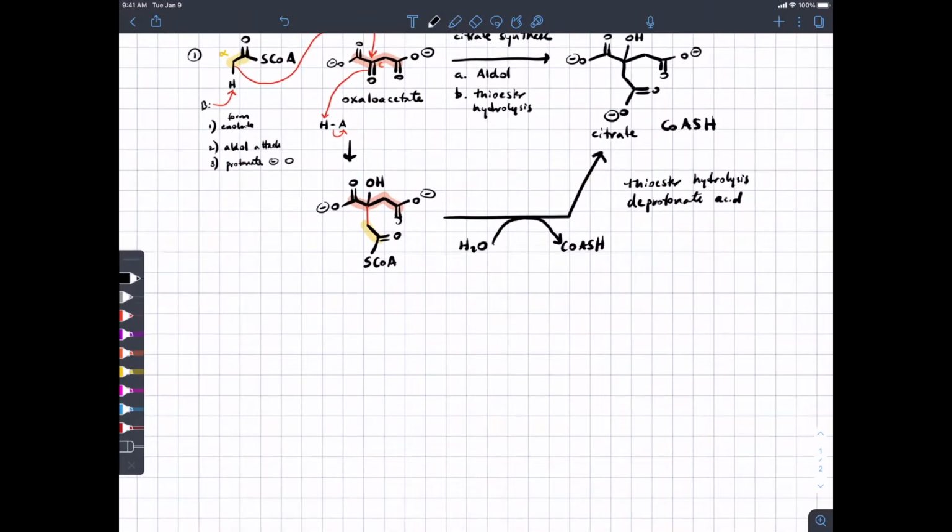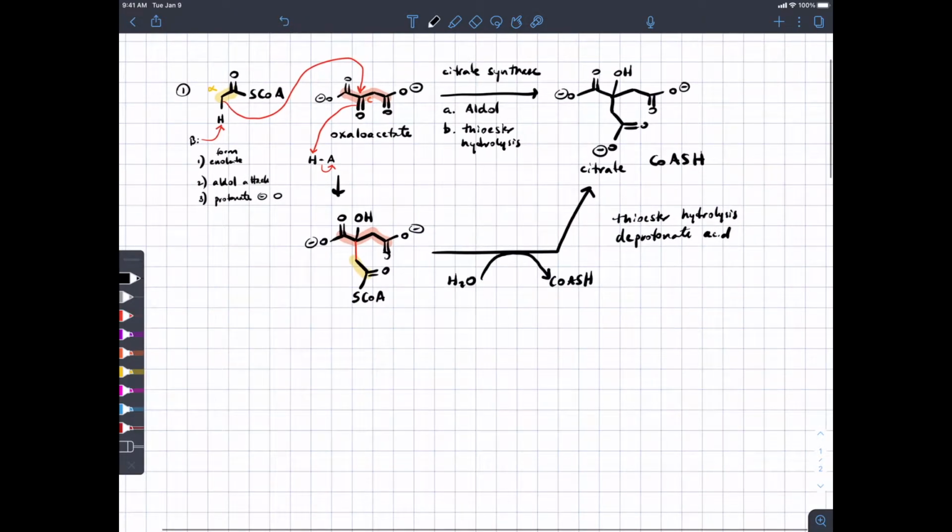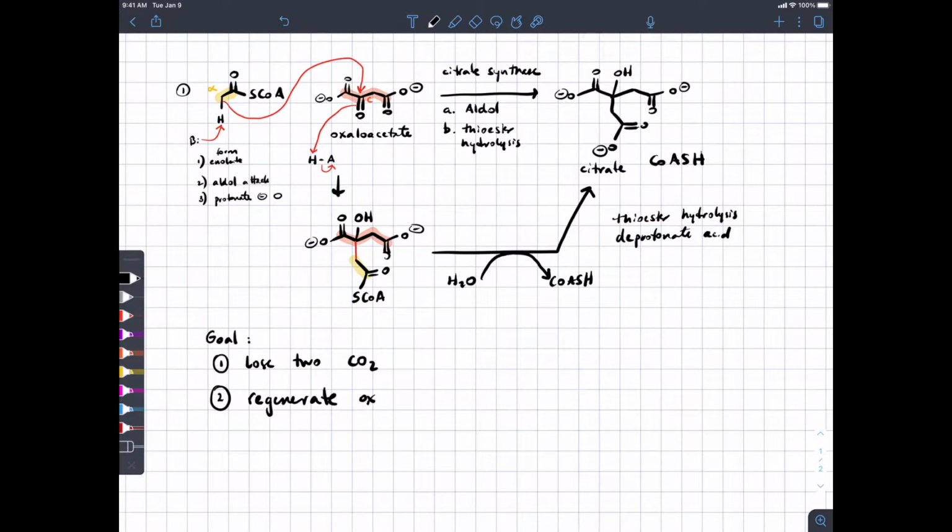So our goal in this process, as I think I mentioned yesterday, we've got a couple of goals. One is to lose 2 CO2 molecules. And then second is, after we've done that, regenerate the oxaloacetate starting material.